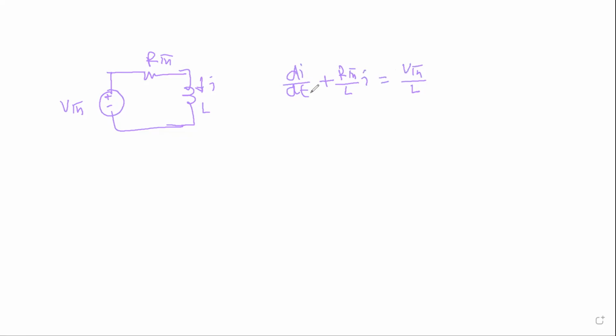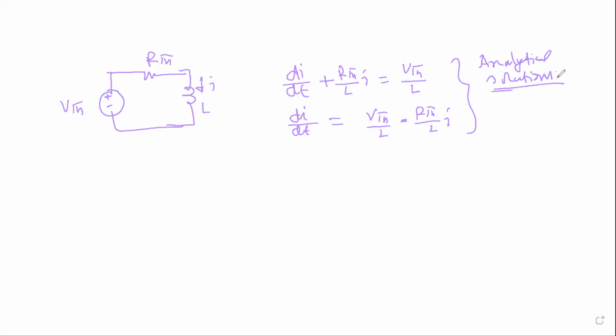Then you can rearrange this equation in this way: di divided by dt is equal to VTH divided by L minus RTH divided by L into I. And you have already seen the analytical solution of this equation. Now, a few things we have to assume first.